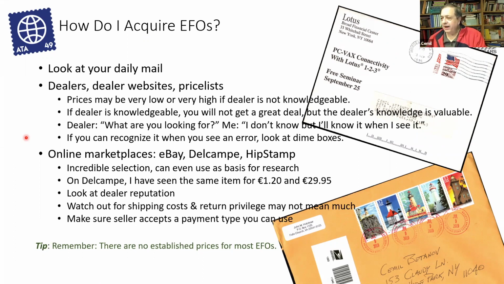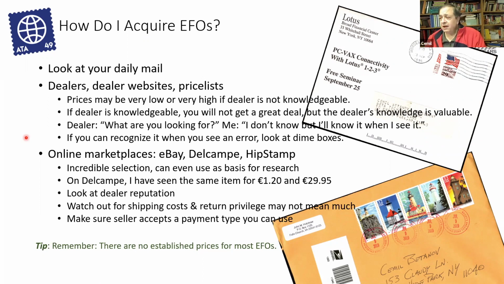And one advantage of buying from a knowledgeable dealer is that they will tell you all kinds of information about the EFO: why it happened, how many there are likely to be, where it was found, what similar EFOs exist, or whether there are EFOs in a particular subject. So knowledgeable dealers are a very good resource.